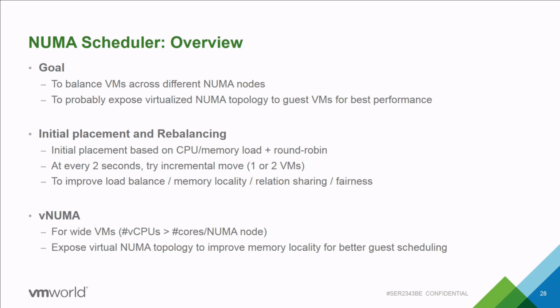The virtual machine will be placed on a specific NUMA node, which we call its home node. Each virtual machine will have a home node, and all the virtual CPUs of this virtual machine will stay on its home node, and in most cases the memory allocation is also local. So we achieve good locality of memory access.